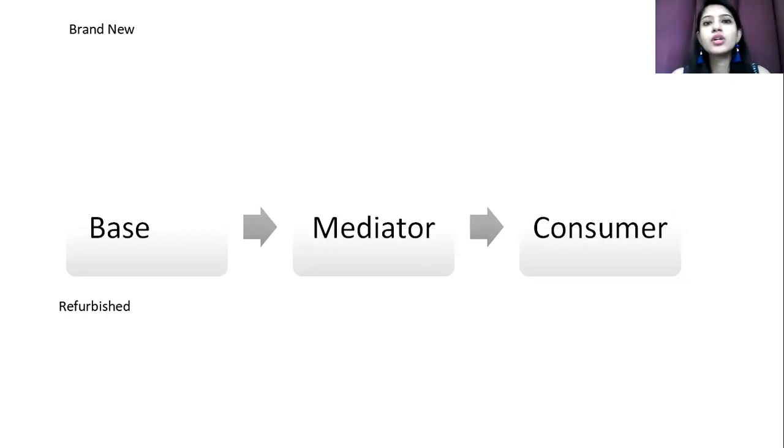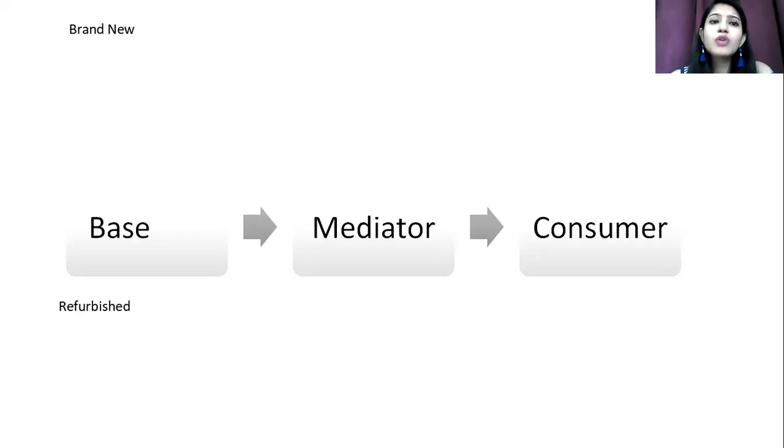The sole owner, the pre-owner, or the company, anything could be the base, depending on where that product is being distributed from. The mediator is the place where they distribute, or the bridge. Whereas the consumer is nothing else but the users, the new owners of that gadget. So this is what the three-part pathway includes.